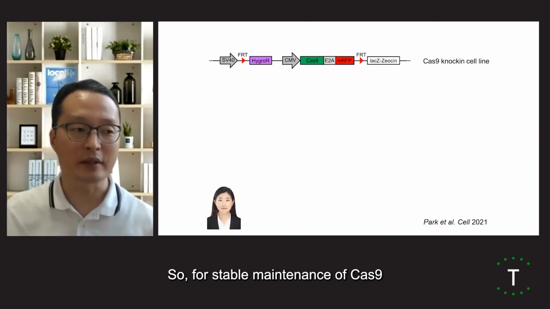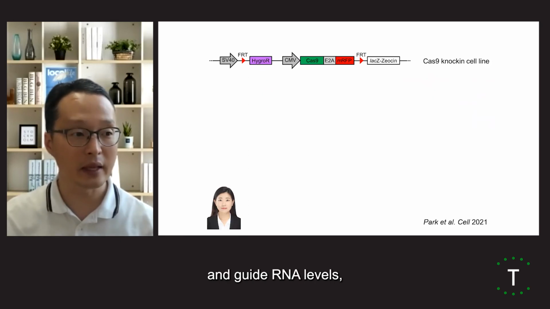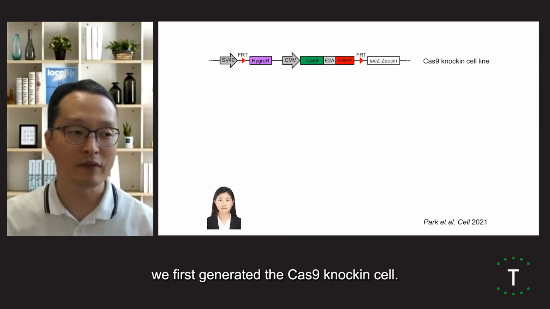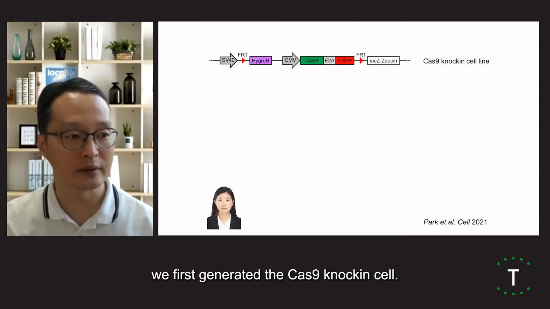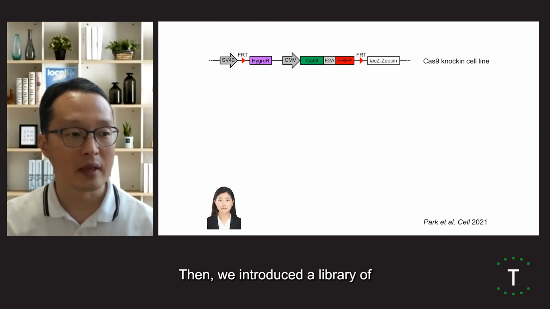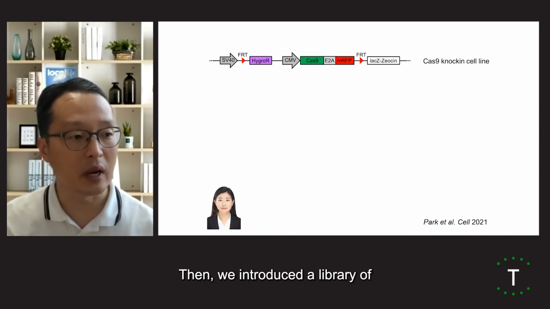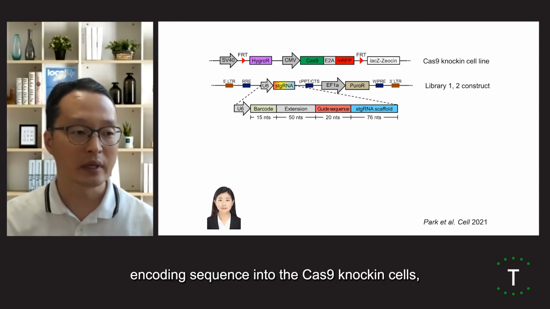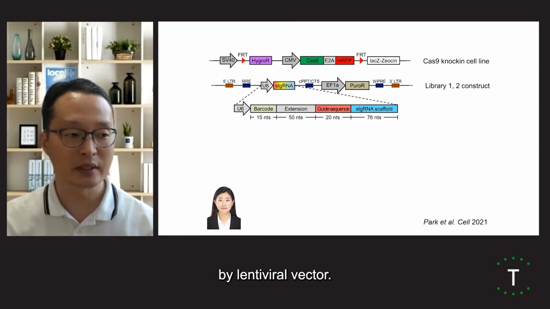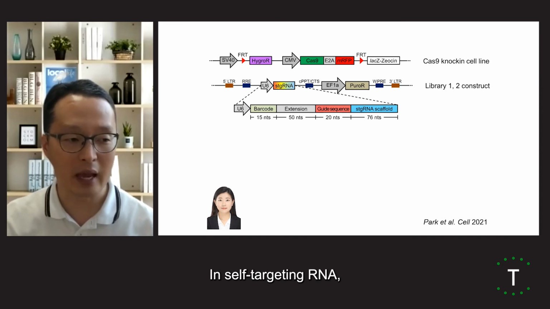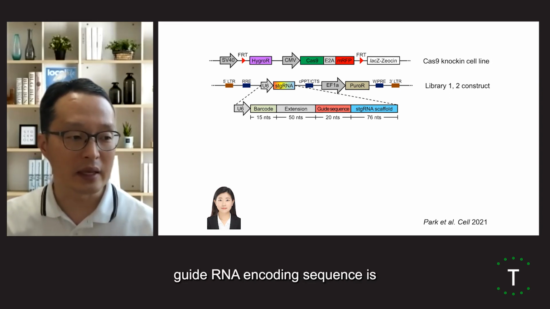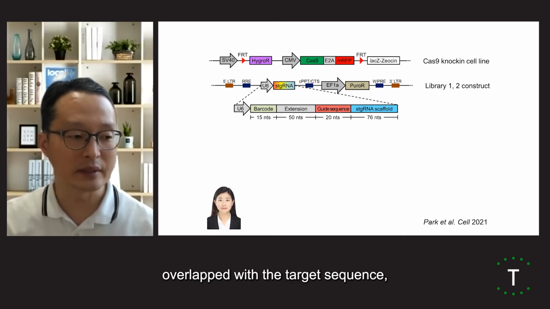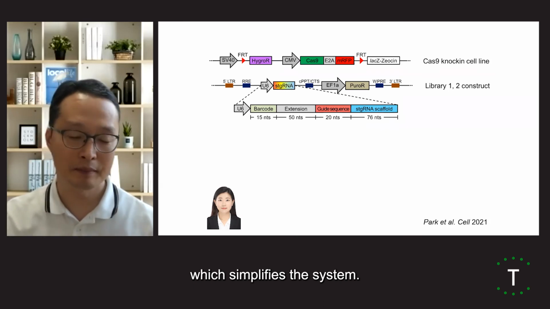So for stable maintenance of Cas9 and guide RNA levels, we first generated the Cas9 knock-in cell. Then we introduced a library of self-targeting guide RNA encoding sequences into the Cas9 knock-in cells by lentiviral vector. In self-targeting guide RNA, the guide RNA encoding sequence overlaps with the target sequence, which simplifies the system.